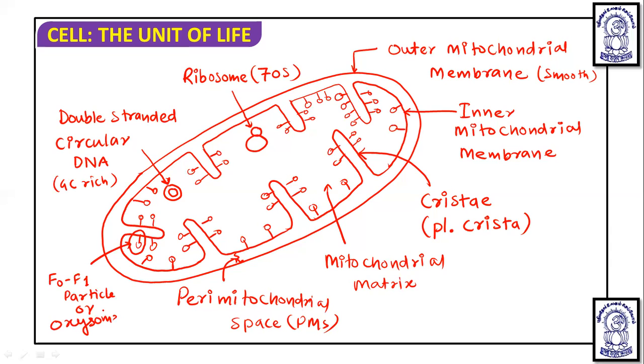We will talk about this in detail in the continuation of this lecture. You will see the presence of ribosome and their own circular DNA in the mitochondrial matrix. So the inner compartment is called the matrix.